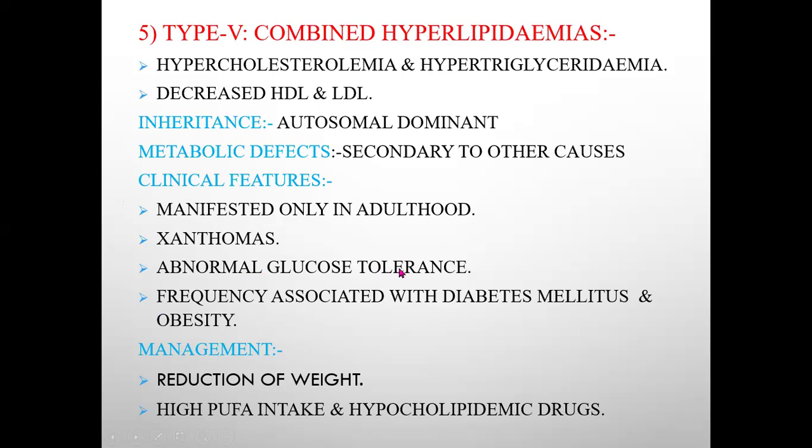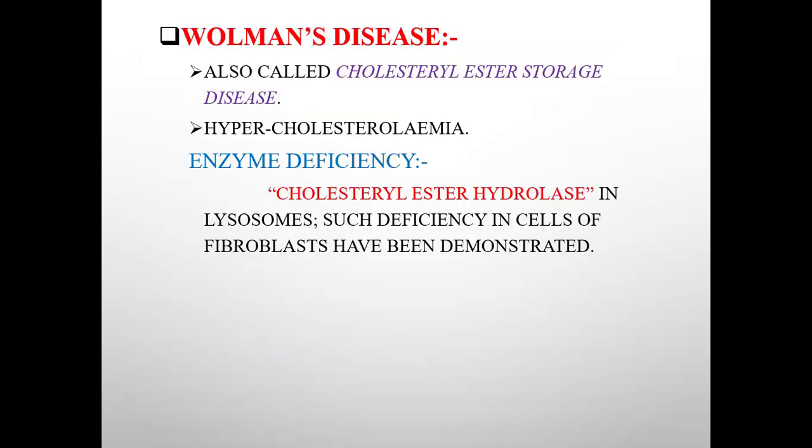Clinical features include manifestation only in adulthood, xanthomas, abnormal glucose tolerance, and frequent association with diabetes mellitus and obesity. Management is reduction of weight, high polyunsaturated fatty acid intake, and hypolipidemic drugs.